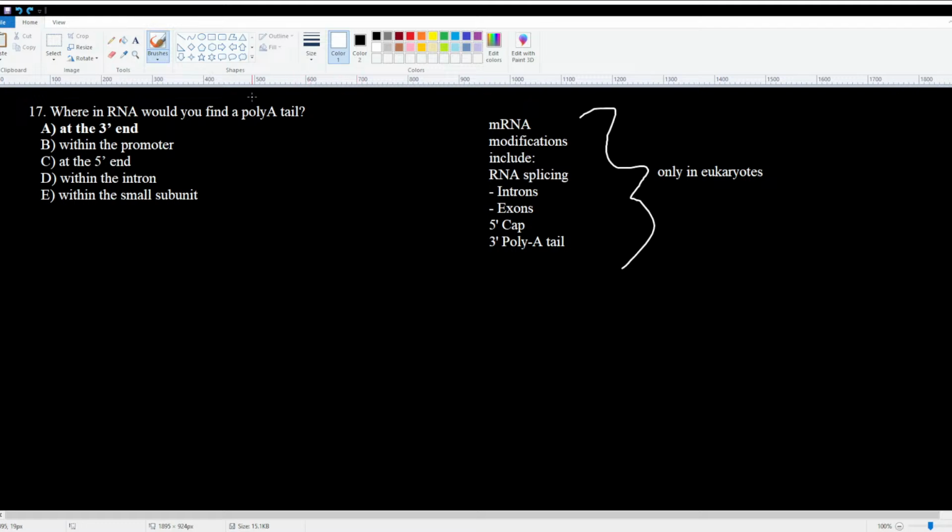So let's say we have an mRNA. This is our mRNA, so we have the 5' end and then the 3' end. On the 5' end, we have what's known as a 5' cap. The 5' cap essentially acts like a helmet.